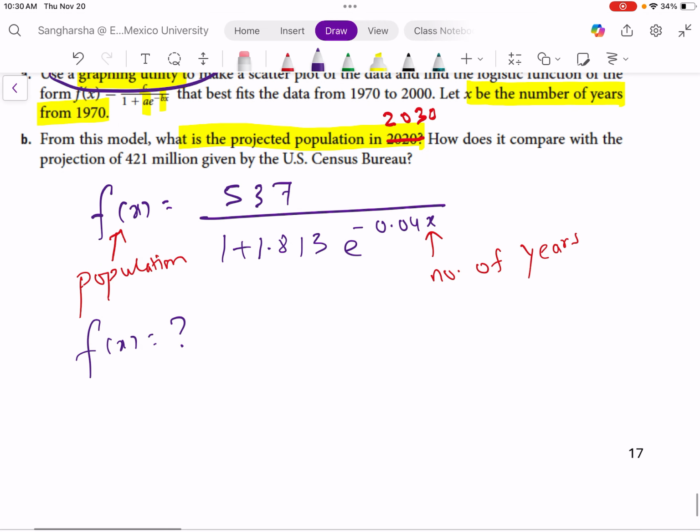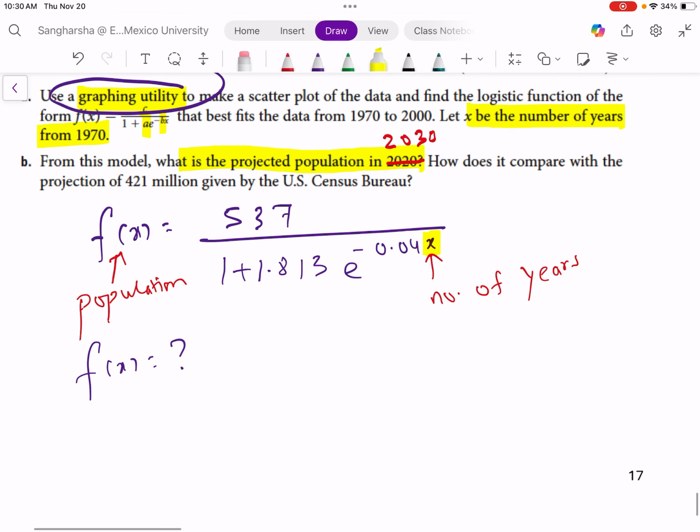Now, what about the number of years? We need to know what x is. Can you tell me what x will be for 2030? How did we define our x? x is the number of years from 1970.